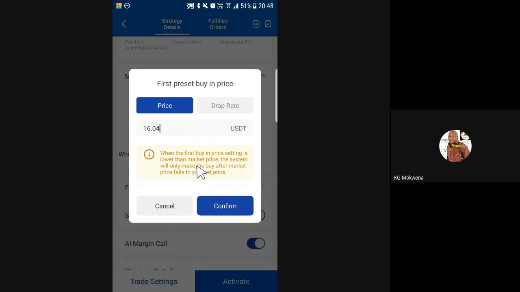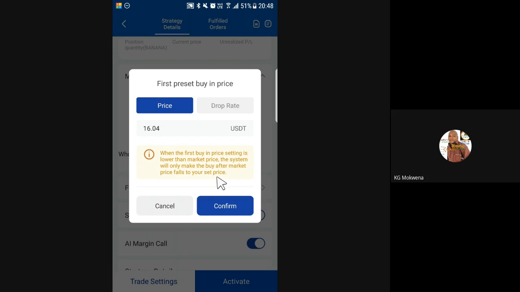And then once that has been set, we confirm. Remember, look at this. First preset buy-in price, can you see, is 16.04. That is the price we want. And can you hear here they say, when the first buy-in price setting is lower than the market price, the system will only make the buy after market price falls to your set price.